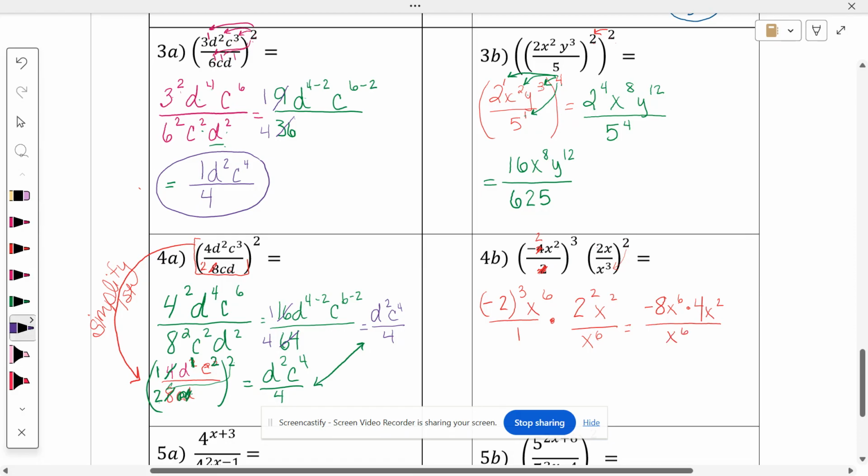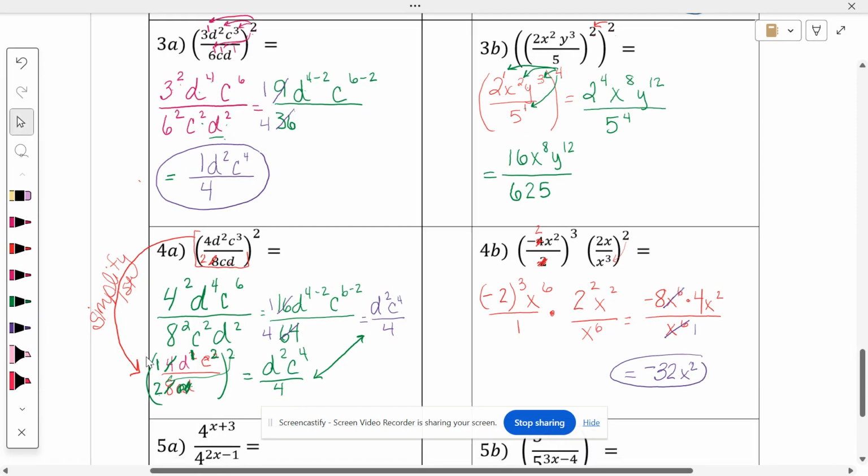And then hopefully you see that you have x to the 6th power in the numerator, x to the 6th power in the denominator. So those cancel out. You have a denominator of 1. So this means that this is going to be some kind of integer. Negative 8 times 4 is negative 32 x squared. It's all over 1, so you just don't even need to write that.